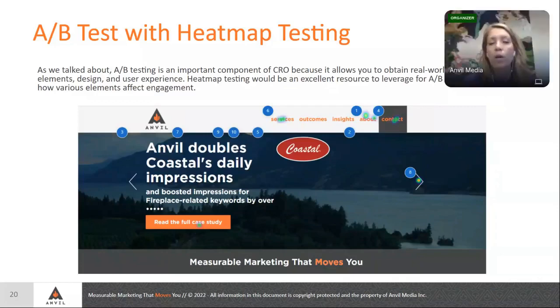So the number 1 will represent either the about element or the main menu element, whereas the number 2 on the Anvil Media site, we have drop downs. So the number 2 is probably representing one of those drop down items. So yeah, the numbers are actually correlated to the actual website elements that the user clicked on. Got it. Okay.